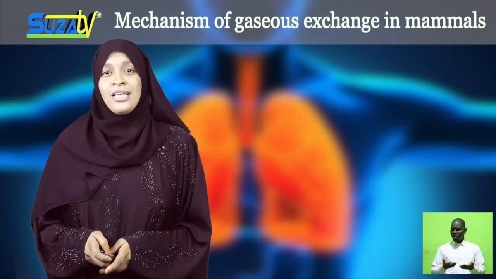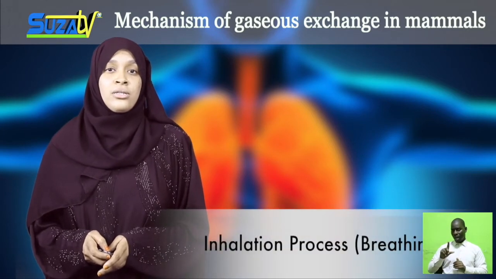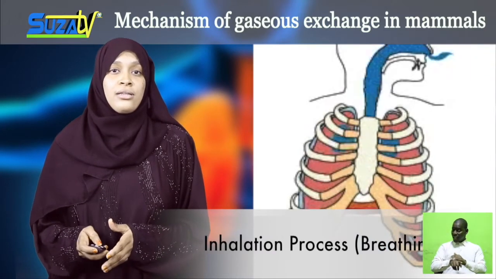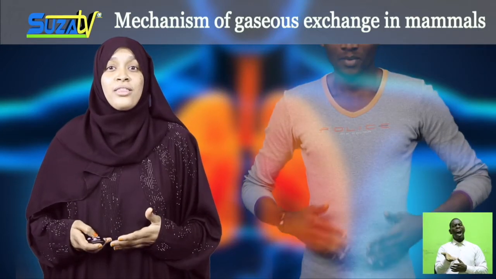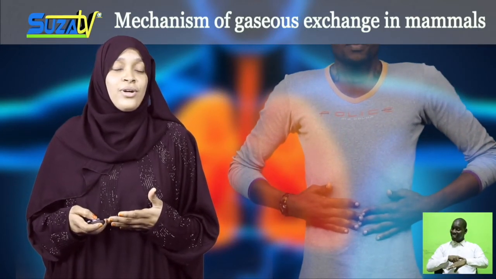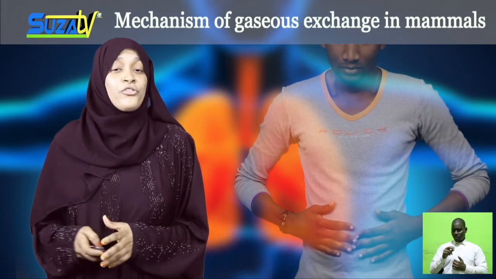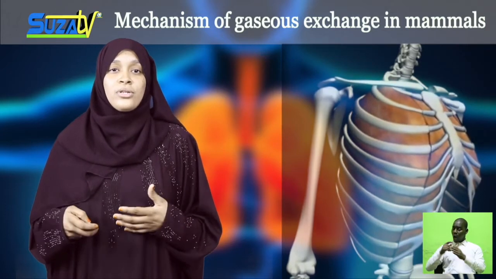Now, let's start with the process of inhalation, breathing in. As you are breathing in, the following occurs. Come on, try to hold your breath for a few seconds if you want to. The external intercostal muscles contract and pull the ribcage upwards and outwards.